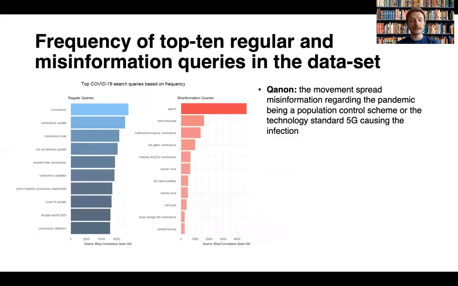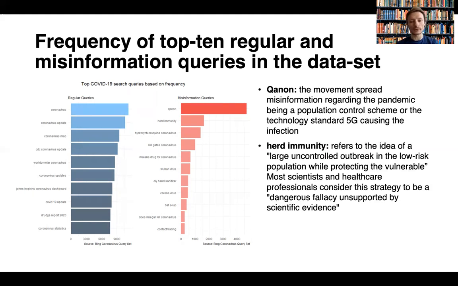If we look a bit in detail at what those queries were, QAnon was the most frequent misinformation related query, because the movement also spread misinformation regarding the pandemic being a population control scheme or 5G causing the infection.